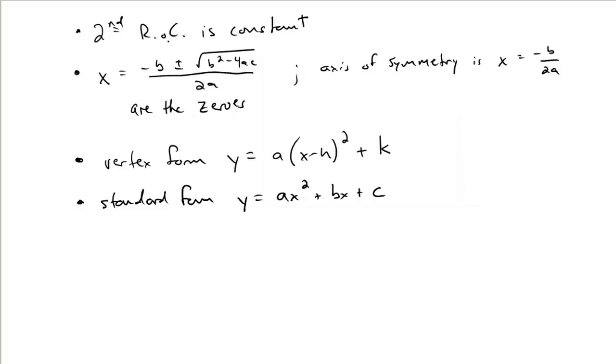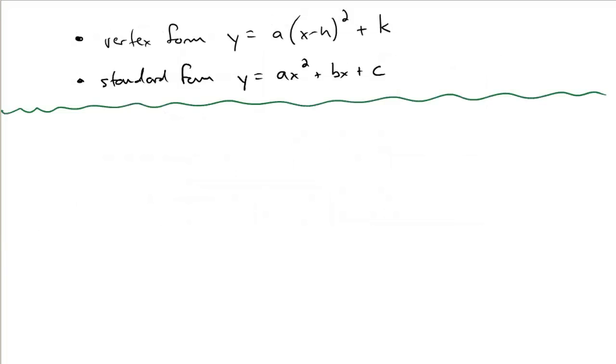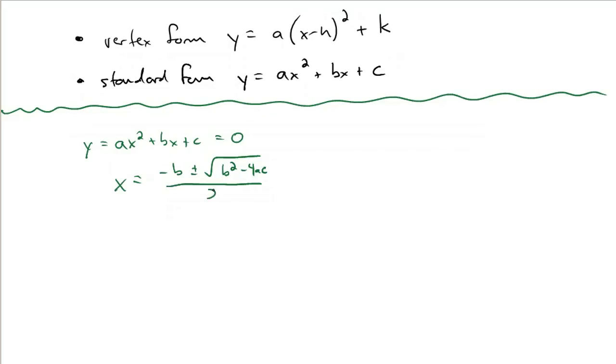Okay. As an addendum, as sort of an optional bonus analysis, let's look at the quadratic formula. The result of y equals ax squared plus bx plus c equals 0 is x equals negative b plus or minus the square root of b squared minus 4ac over 2a.